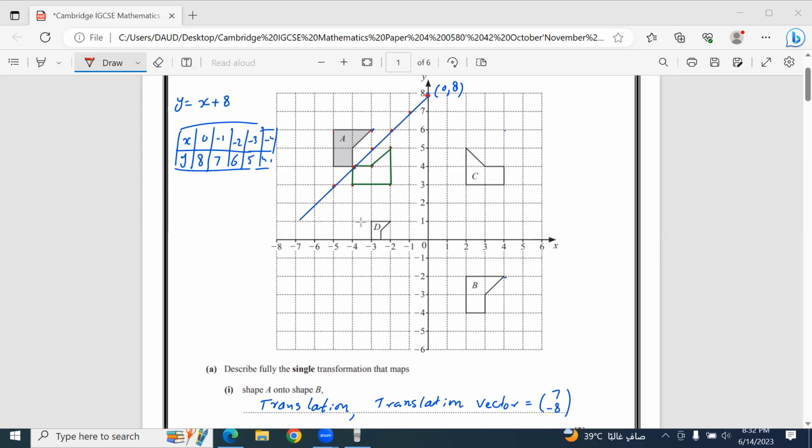So we find out the answer after reflection in the sloping line, which is y is equal to x plus 8. So this is the answer. I hope you get it. We move on next.